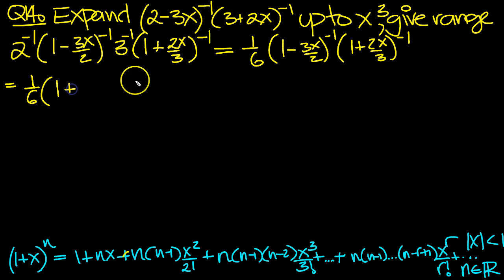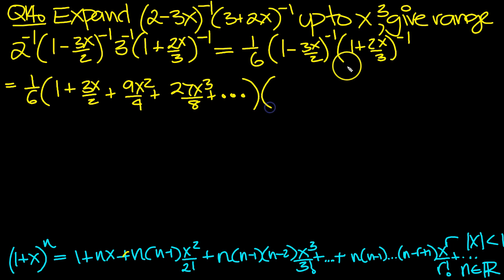So 1 plus, but our x in question is 3x over 2. Plus the input x squared, which will be 9x squared over 4, won't it? And then the input x cubed is 27x cubed over 8. So that's what happens when you expand those terms. The other one will be the alternating sign series for the binomial series, won't it?